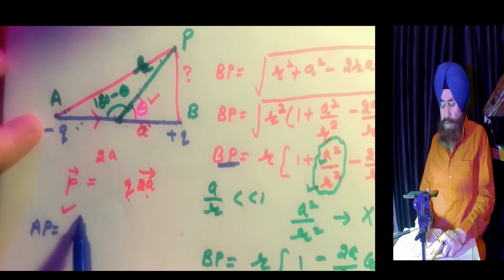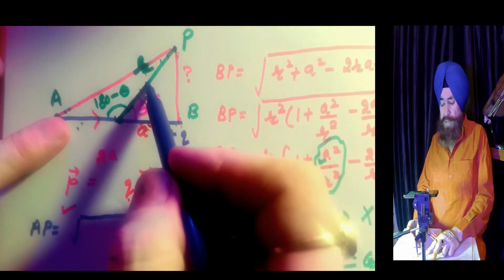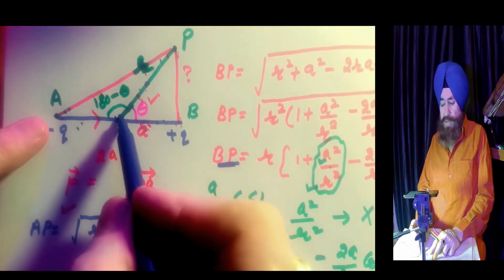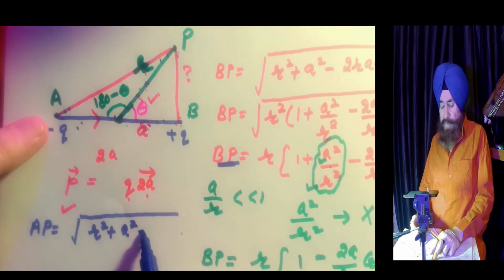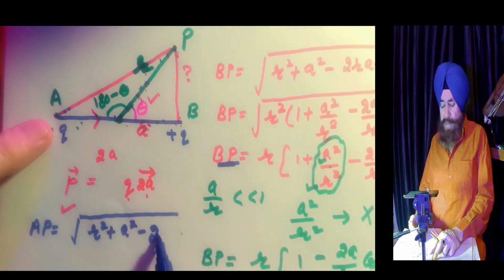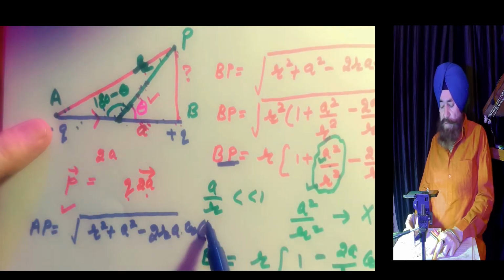AP is under root of this line square plus this line square minus twice this into this, R into a, cos of the angle between the two, 180 minus theta.